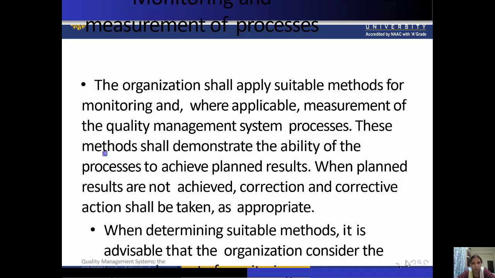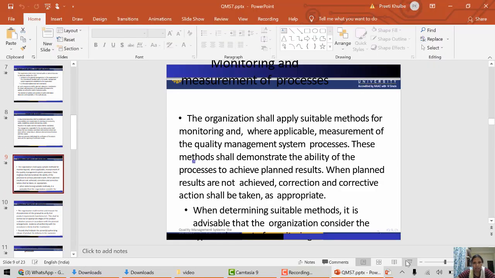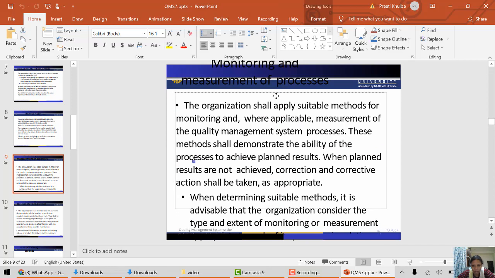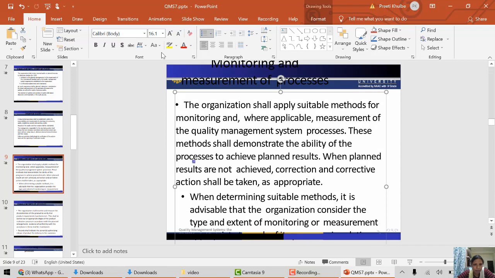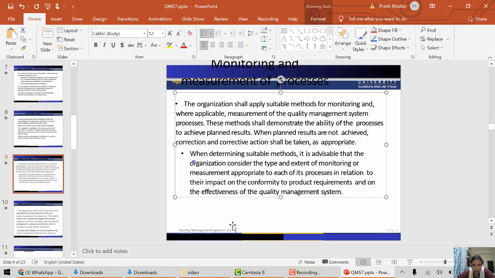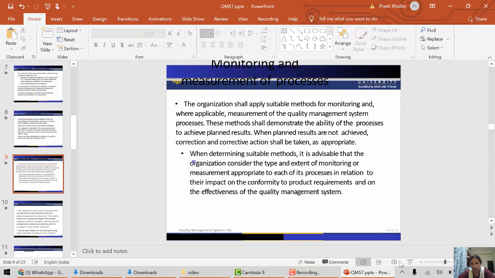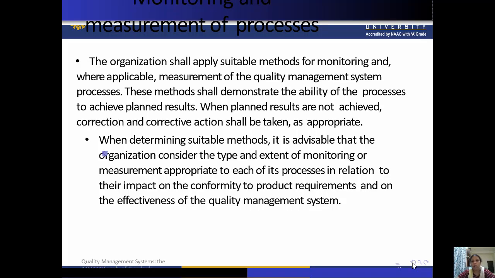Monitoring and measurement of processes. The organization shall apply suitable methods for monitoring and, where applicable, measurement of the quality management system processes.